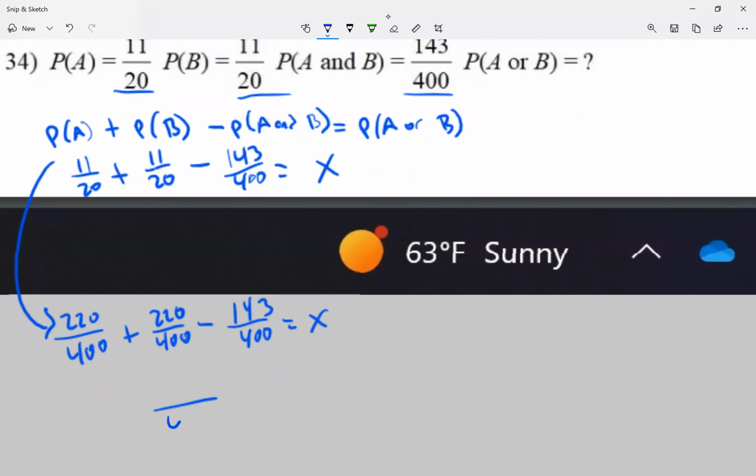There's a 400 at the bottom. Now I'm just going to do the top. 220 plus 220 minus 143, and that gives me 297. Doesn't simplify anymore, so that's good. 297/400. Beautiful.